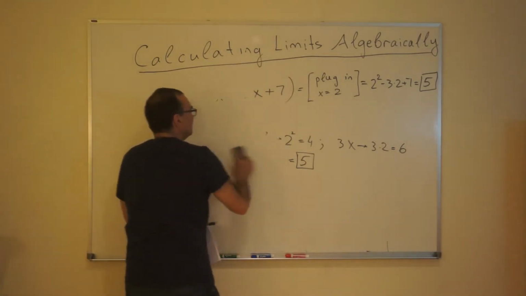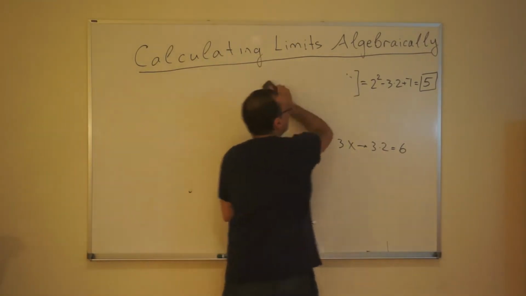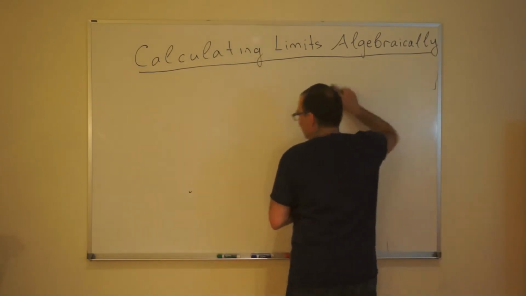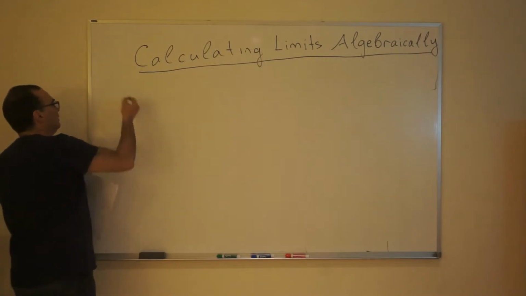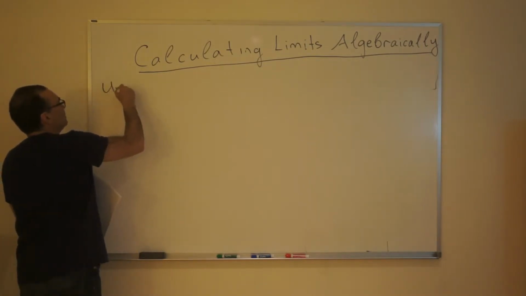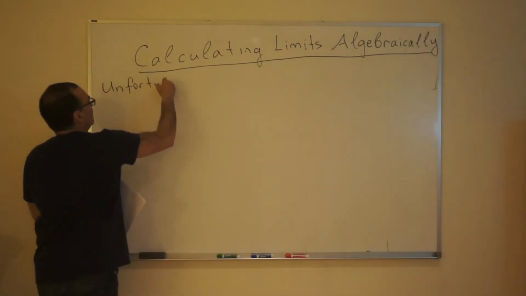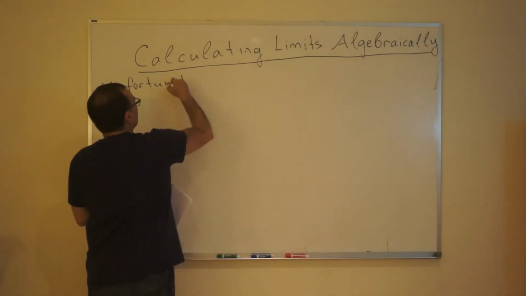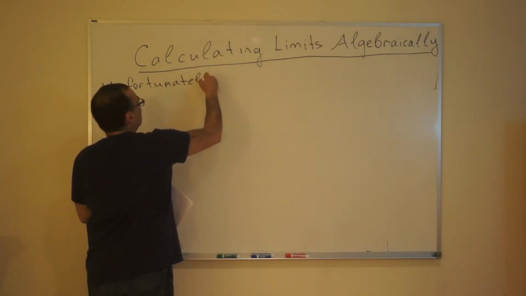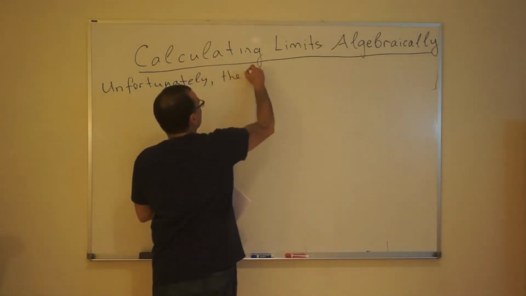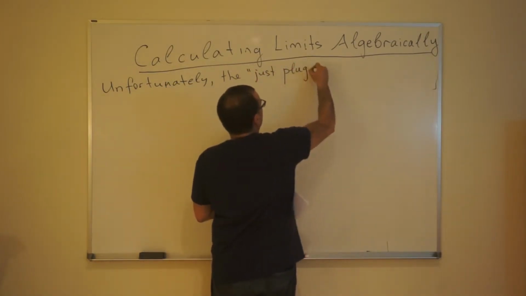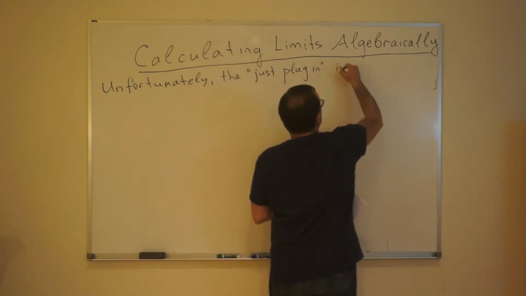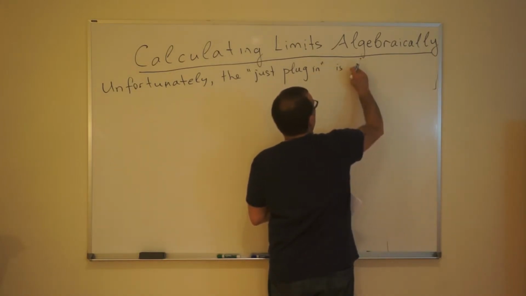To show you one example in which it's not working, I want to come back to one of the examples that we have already done numerically. So let me write what I just said. Unfortunately, just plug in is often not working.